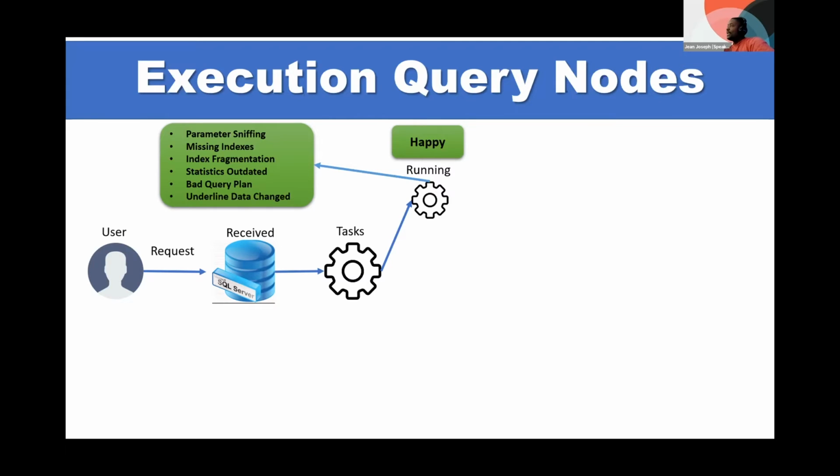Let's say not all the threads are available, so for some reason SQL Server has to wait. When SQL Server has to wait, there are two stages. The first stage is that if your process is waiting on a thread to be executed, SQL Server is not waiting on anything else.